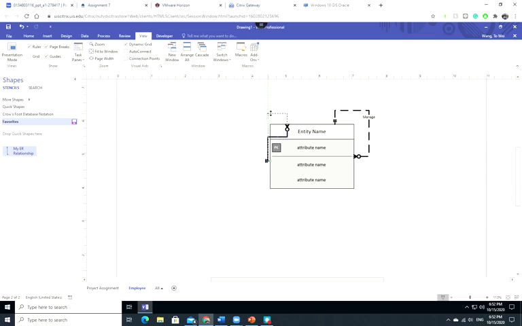You need to customize this, or make it look better yourself, by practicing a few times. By the way, I need to name this entity employee, and later we'll go back and check what kind of attributes we should have here. So we have employee, we have this relationship here. This is called a marriage relationship, so we can say married to. Okay, one person is married to another person.